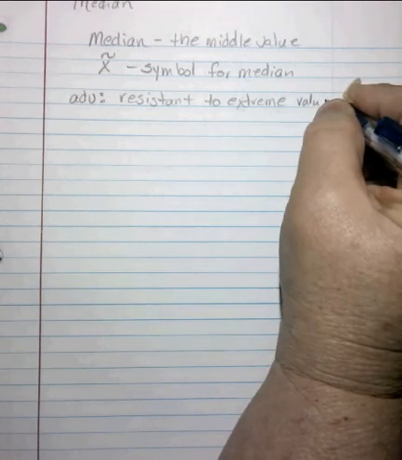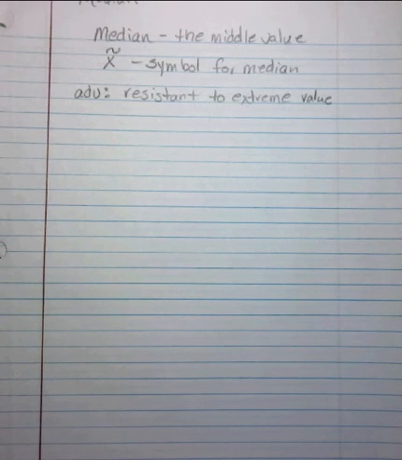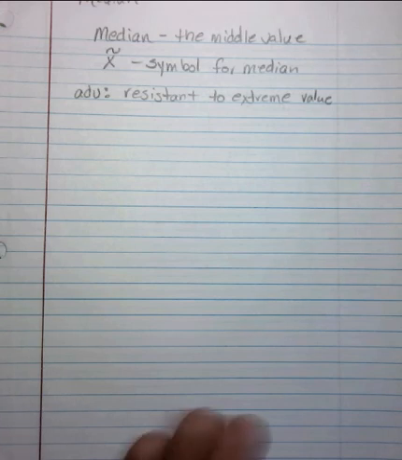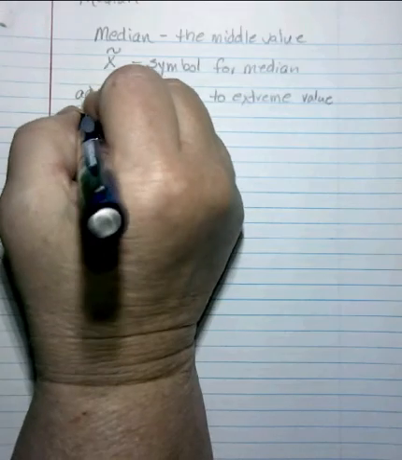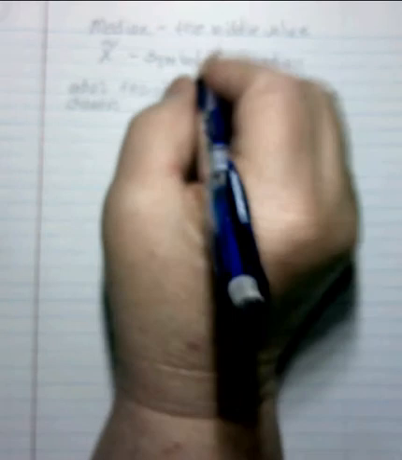But since the median is in the very middle of the data set, it is not affected by those extreme values on the high end or the low end. The disadvantage, however, is that it doesn't take all the values into the calculation.